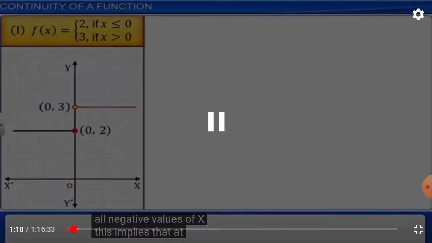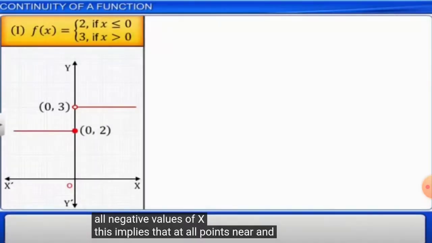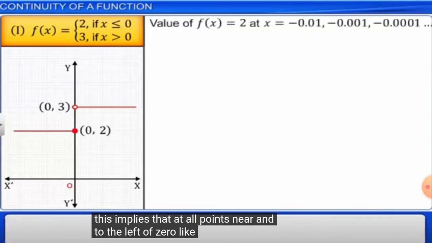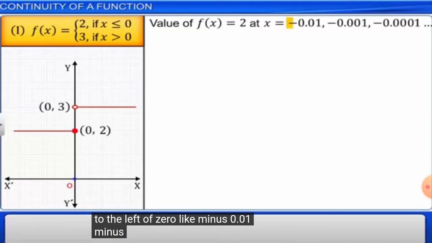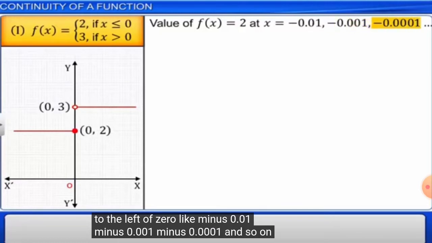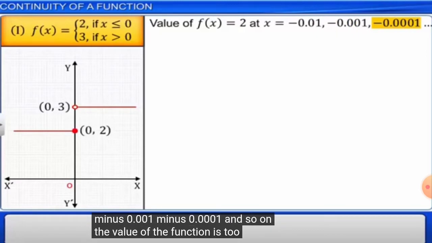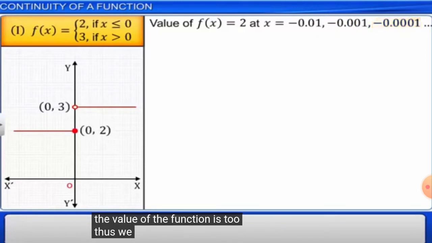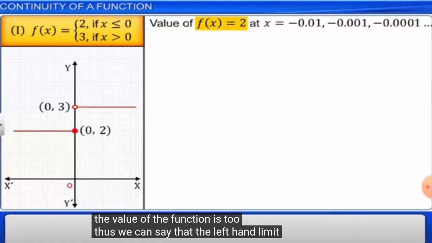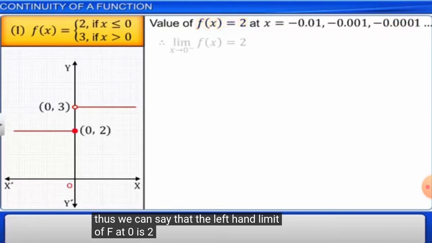This implies that at all points near and to the left of 0, like minus 0.01, minus 0.001, minus 0.0001, and so on, the value of the function is 2. Thus we can say that the left-hand limit of f at 0 is 2.